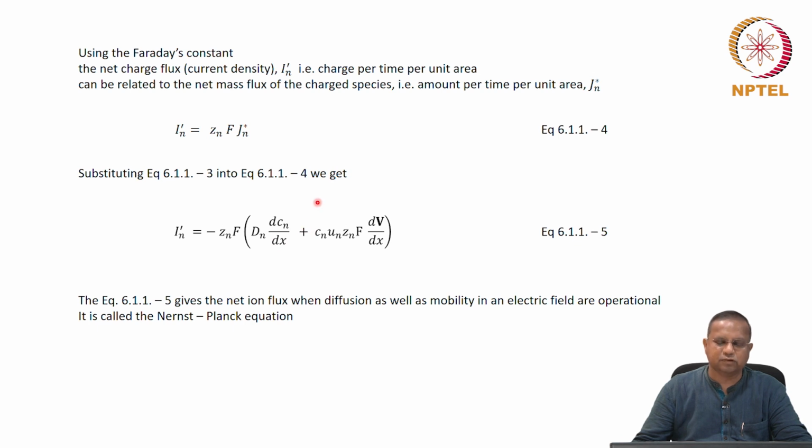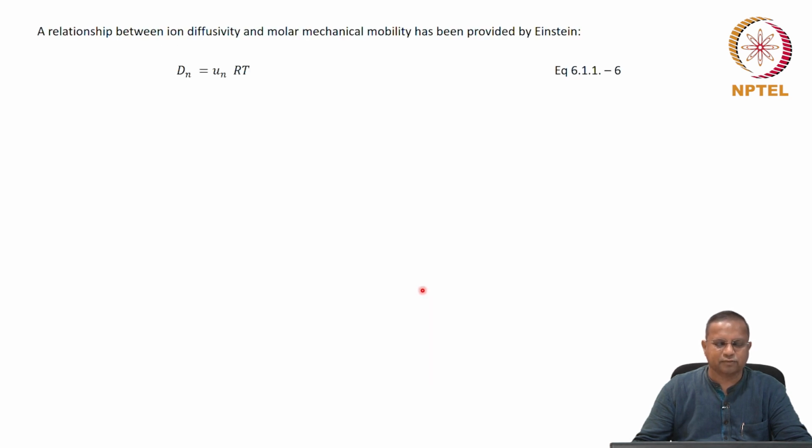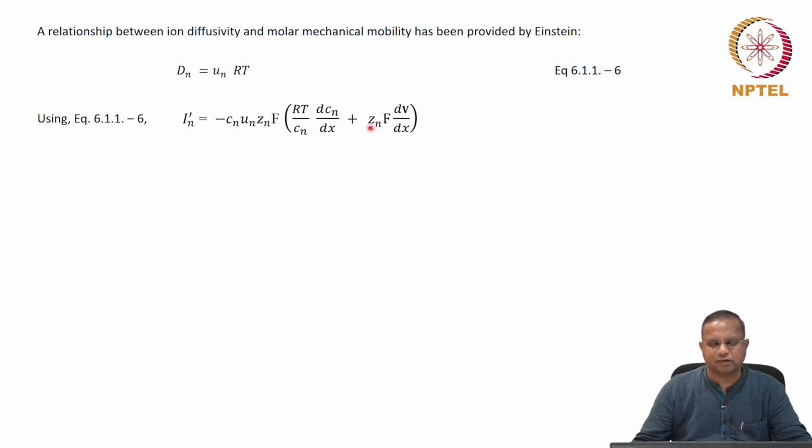And then we are going to use dn equals un times RT to replace the dn here, and therefore we get In' equals minus Cn un Zn f, RT by Cn dCn/dx plus Zn f dV/dx. This can be written as minus Cn un Zn f.